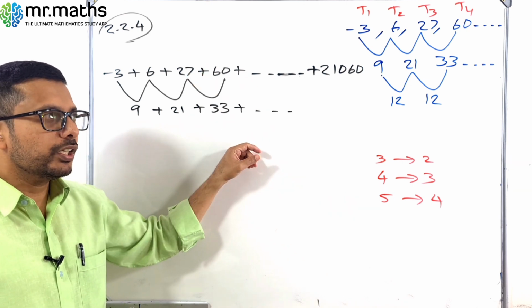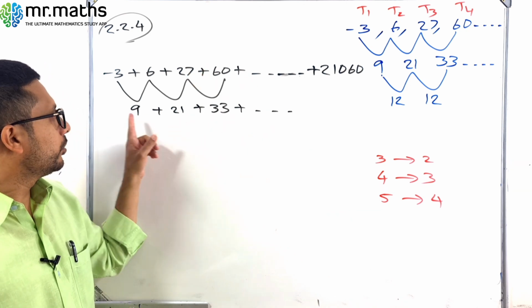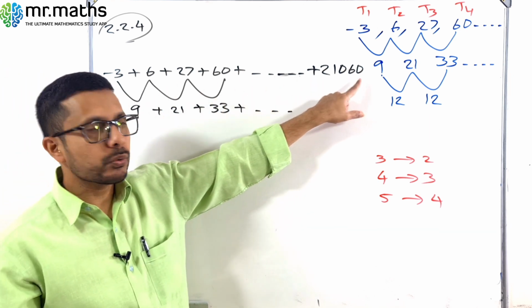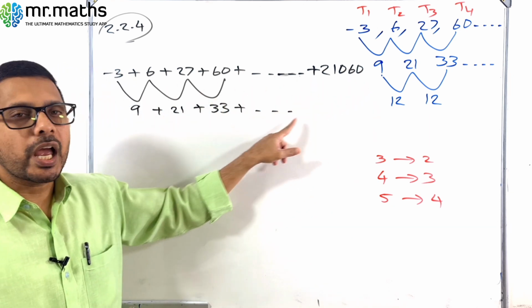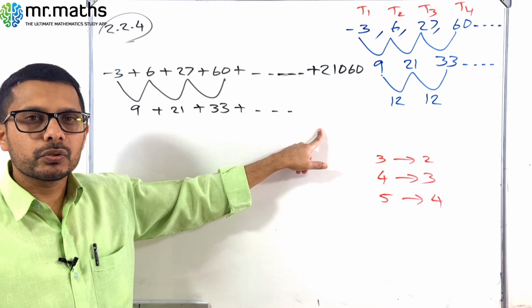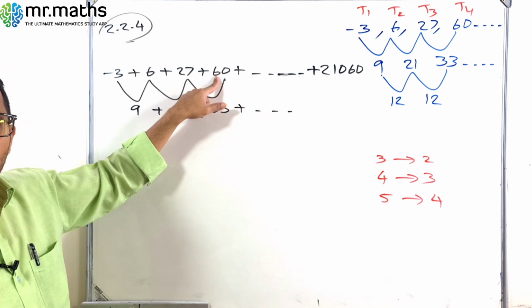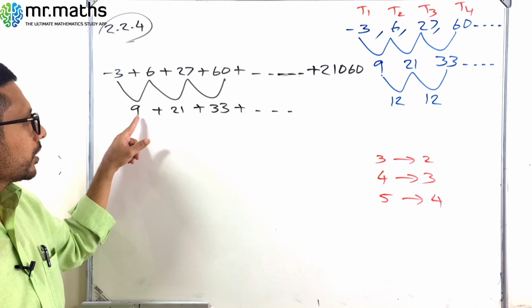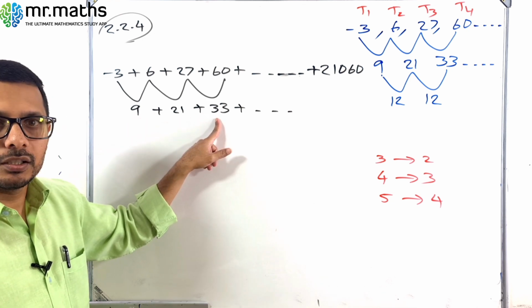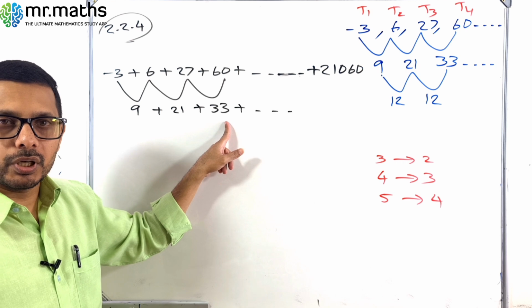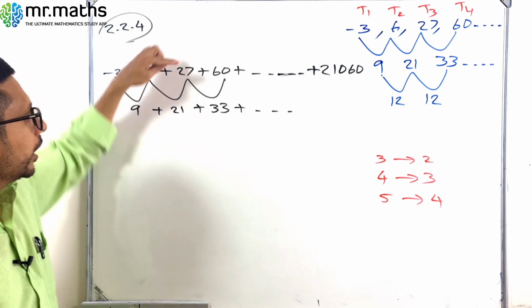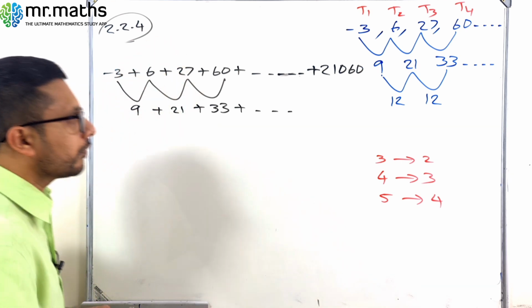You understand? To get that 21,060, how many numbers must be added here? That is the meaning of the question. To get to this 60, how many numbers must be added in the first difference? 1, 2, 3. To get the fourth term, you have to add 3 consecutive first differences.